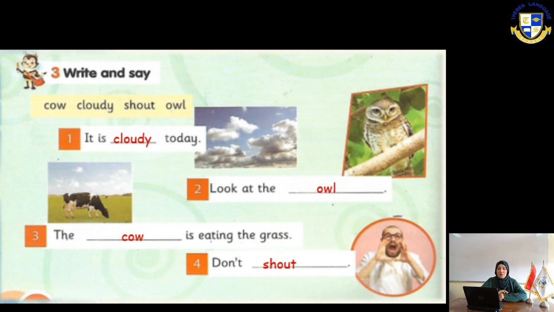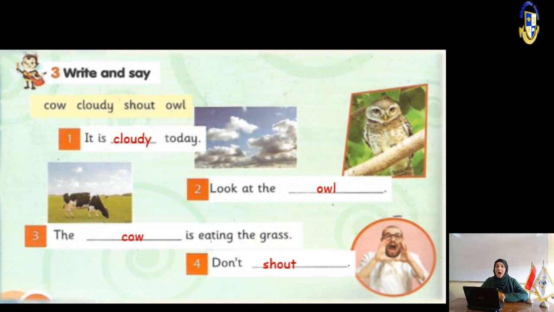Exercise number 3, write and say. We have a words box. You are going to choose from those words and put in the suitable place. Number 1, can you see the sky, lots of clouds? So it is cloudy. It's cloudy today. Number 2, look at the, what kind of bird is it?